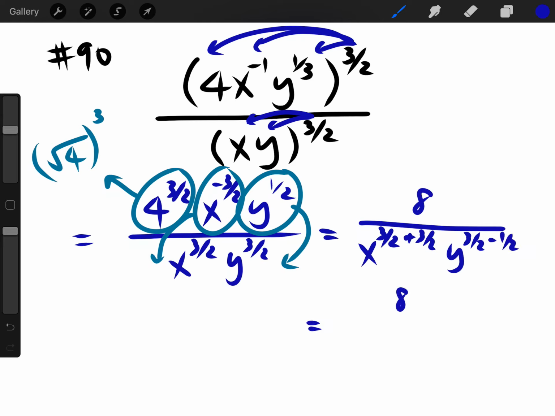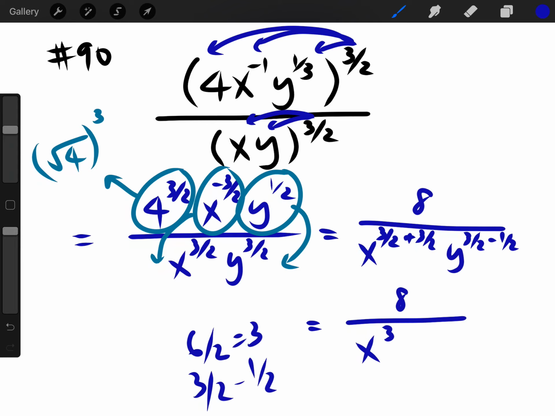So you got 8 over x to the 6 over 2, which is basically 3, so it's x cubed. And 3 halves minus 1 half is 2 over 2, so it's going to be 1. You don't actually have to write 1. So that's going to be your answer right there.